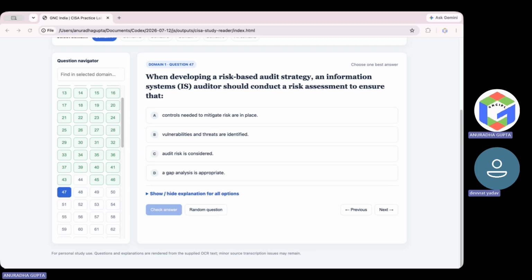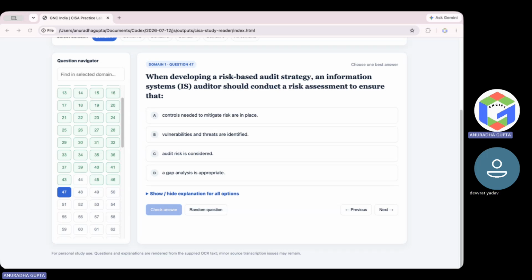See, in the exam, basically, how they reframe the question, they are very smart, right? So we need to deeply analyze all the options. The point of discussion here is that we need to critically analyze all the options: why the particular option is correct and why the particular option is not correct. What is the rationale behind it, right?